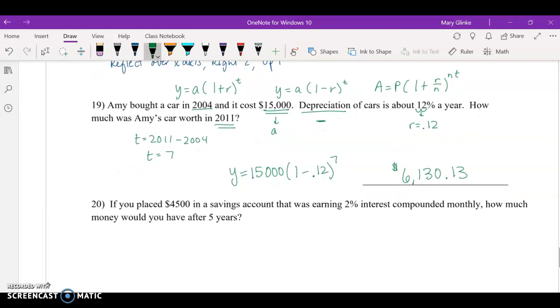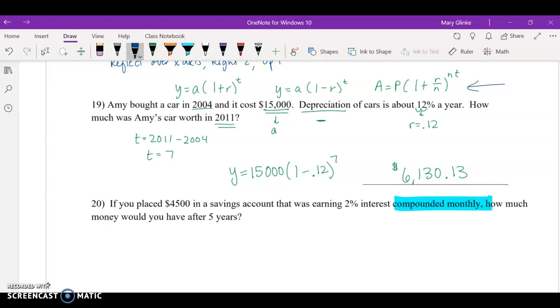For the next one, we notice that this has the words compounded monthly in it, which means it's going to be this last formula, the one with the n's. Monthly means it's happening every single month, which means it's 12 times per year. So our n value is 12.